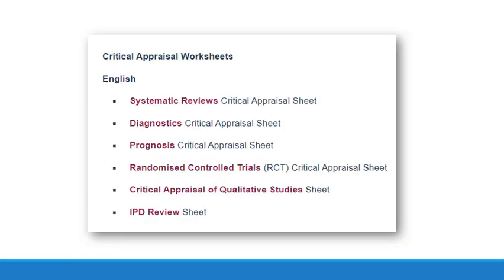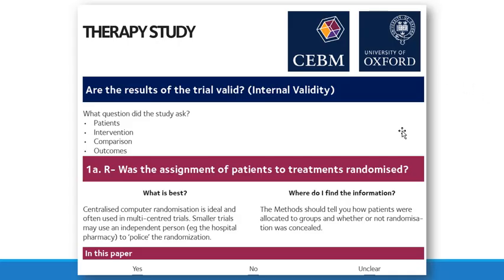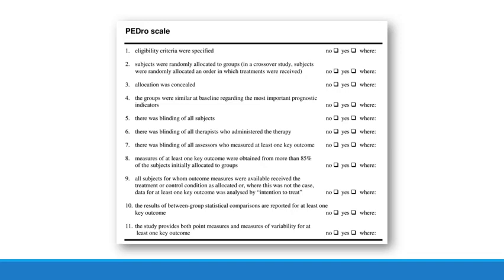So for example, a therapy study, it's not shown on this one here, but therapy study, you've got your PICO information, and then was the assignment of patients to treatments randomized? And it helps you to kind of just check some boxes to, again, collect your thoughts around that article. The PEDro scale is something that's been used within physical therapy, and it provides a score to try to quantify the quality of that article.